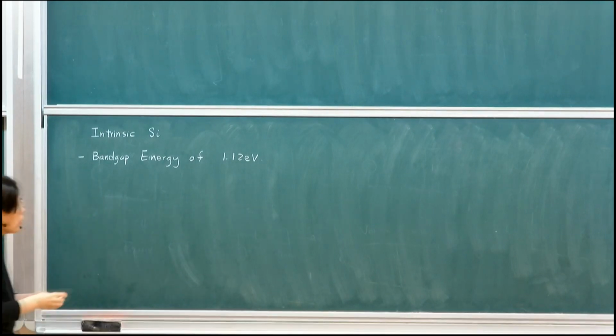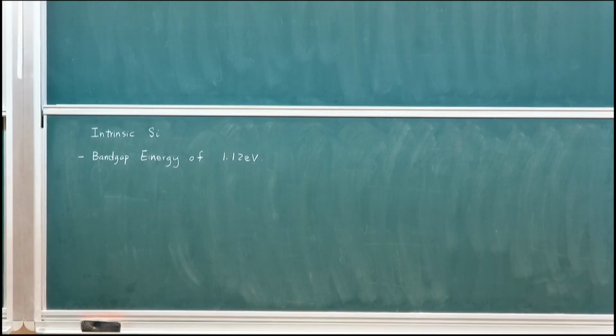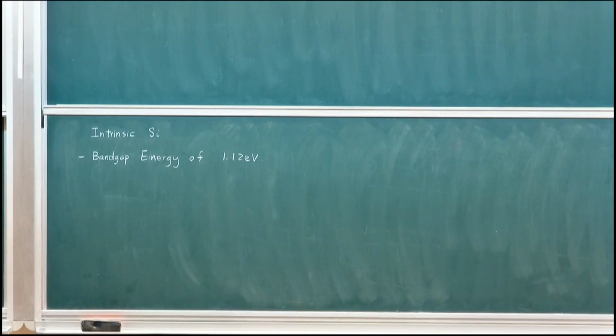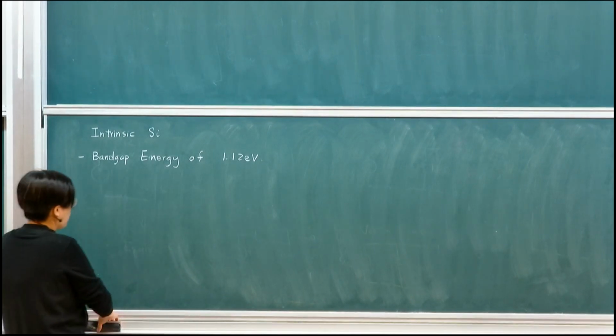What is the significance of band gap energy? It is related to the amount of carriers that can be generated, especially in an intrinsic semiconductor at what we typically refer to as room temperature. So we're going to talk about this relation, band gap energy, EG.